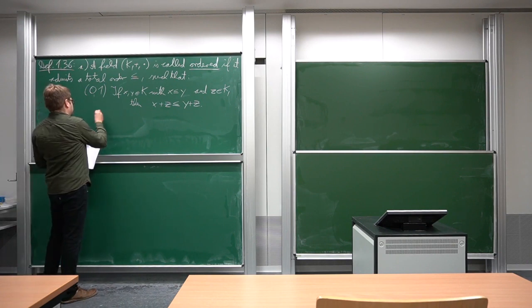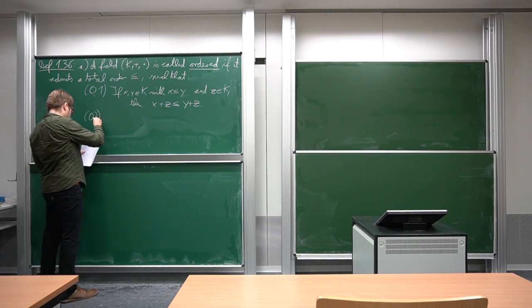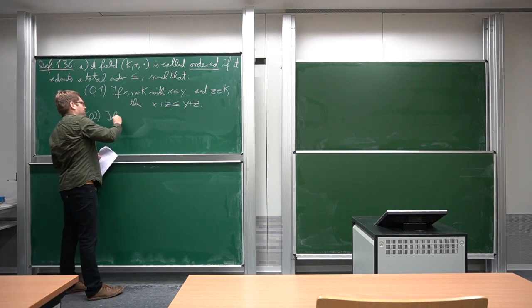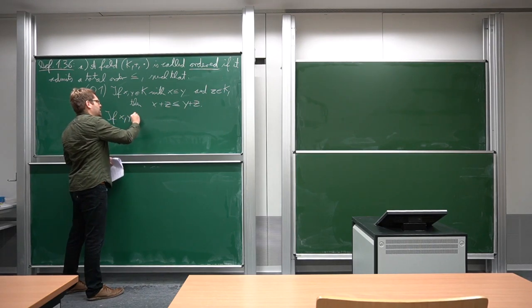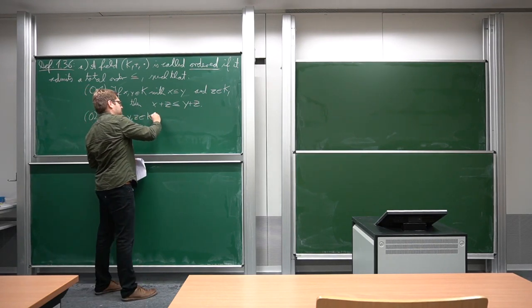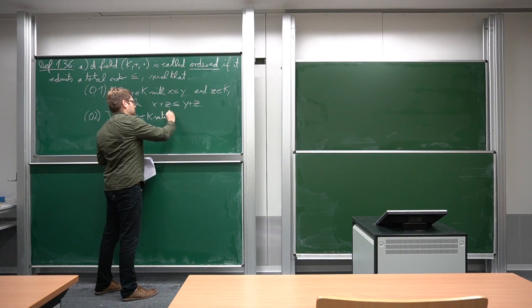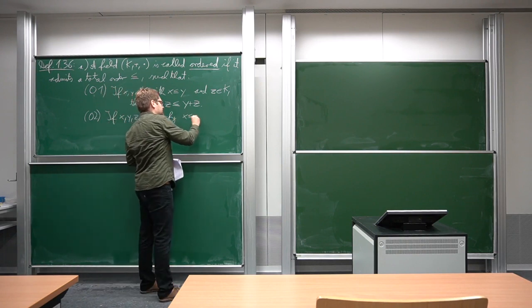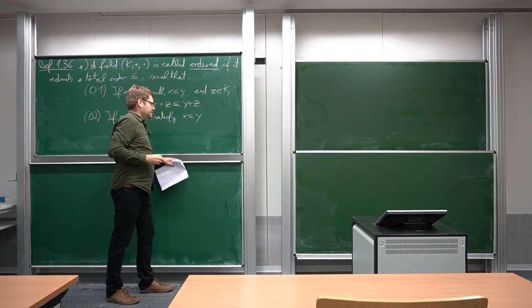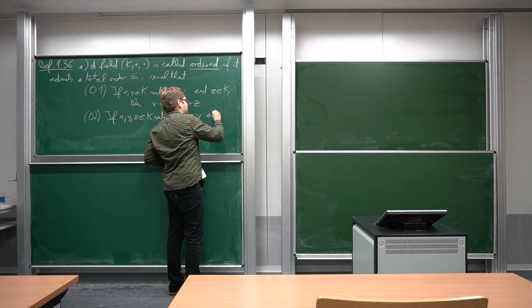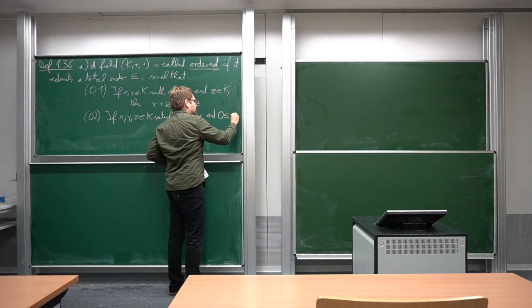Yeah, second ordering axiom. If x, y, z in K satisfy, again, x smaller than or equal to y, and now we assume that 0 is smaller than or equal to z.